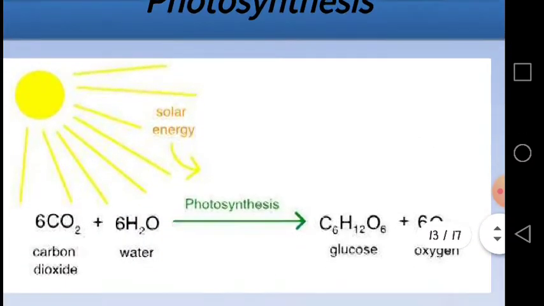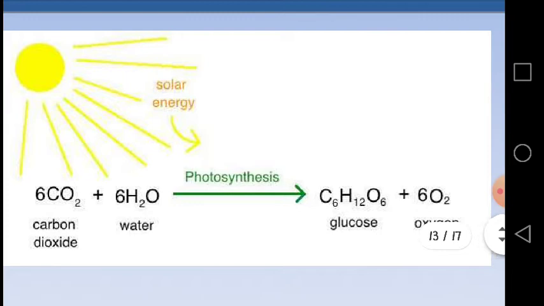As you can see, the equation of photosynthesis. The carbon dioxide combines with the water with the help of chlorophyll in the presence of sunlight and forms glucose and oxygen. And this whole process is called photosynthesis.